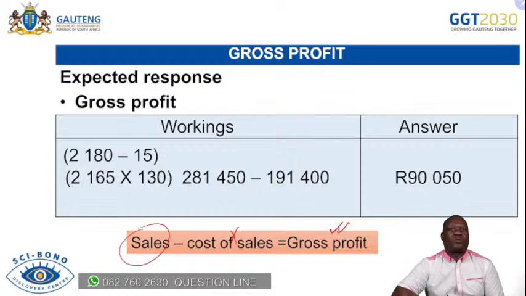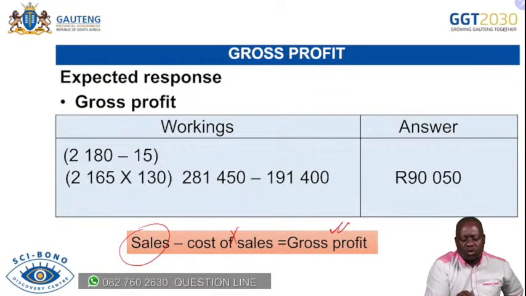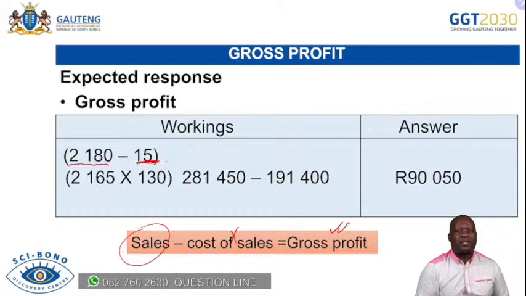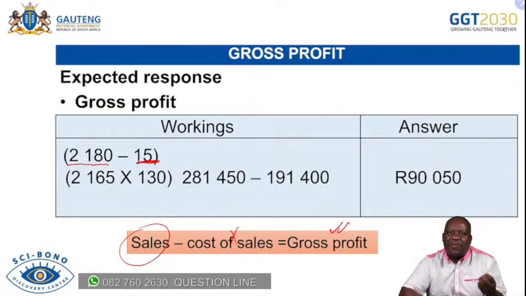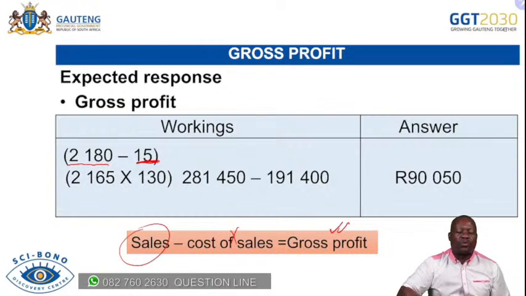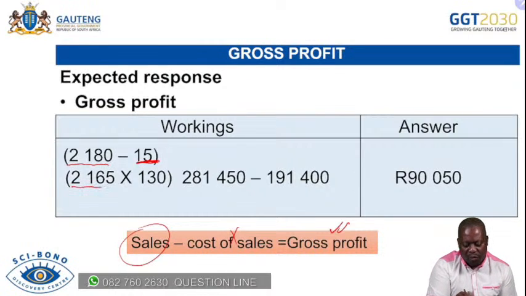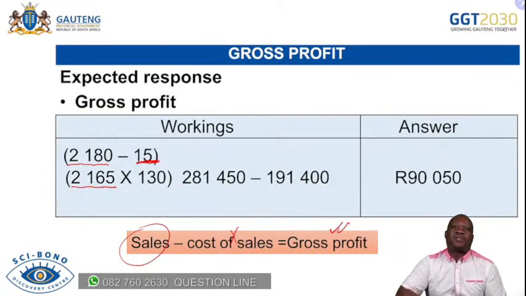Now let's go to sales. Remember, they said we sold 2,180 units, and debtors returned 15 of these. So after selling bags, when bags are returned, it means those bags have not been sold. So in effect, how many bags have we sold? 2,165.